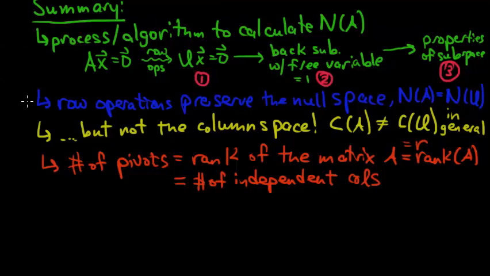We found out that row operations preserve the null space, or we didn't find that out, we more used previous knowledge to explain that fact, and then we verified that it does not preserve the column space. The number of pivots is going to be very important going forward, and just like the number of pivots will be integral, so will the number of free columns, and we'll see that in the next video.